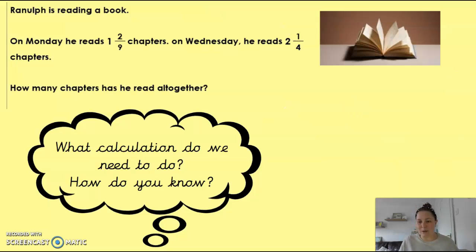Okay, fab. Let's set it out then. Let's think what calculation we need to do. I've got a clue word in the question: altogether. Altogether means I'm adding and bringing things together.